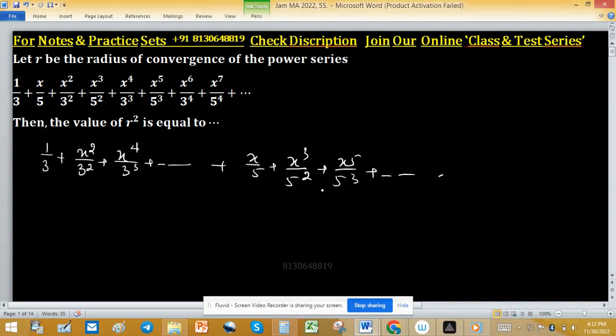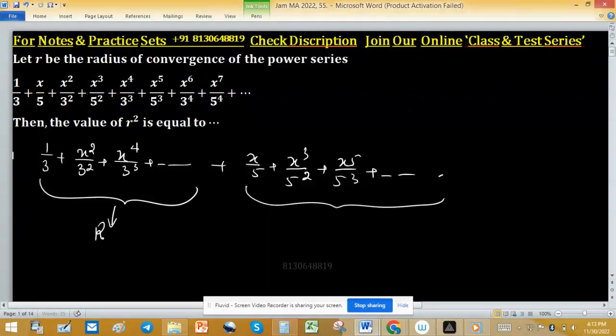When we rearrange the terms, then the sequence of partial sums changes, but the radius of convergence doesn't change. So we have broken this power series into two sub power series.